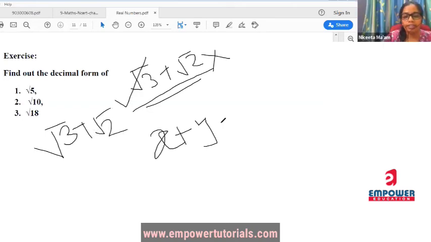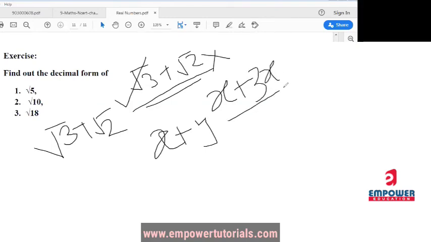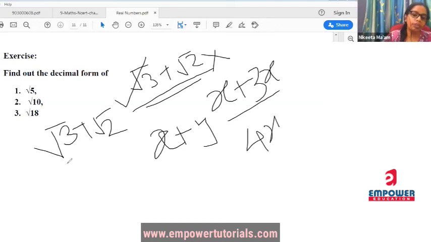But if I have something like x plus 3x, can I add these two? Yes, it will be 4x. The same is the case for irrational numbers. If you have root 3 plus root 3, how much will it be? Root 6?